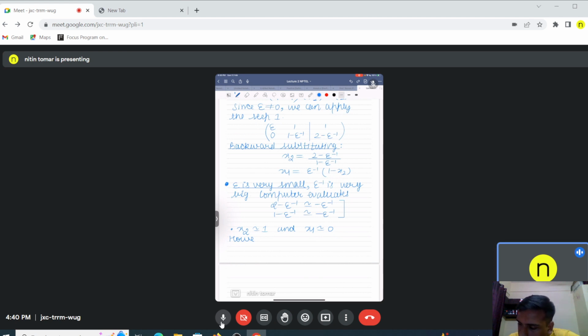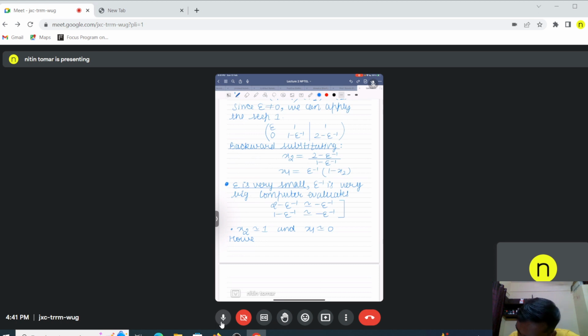First it evaluates backward substitution, so x2 will be 1, and then it puts 1 in this value, so it becomes 0. Yes, sir. I understand.